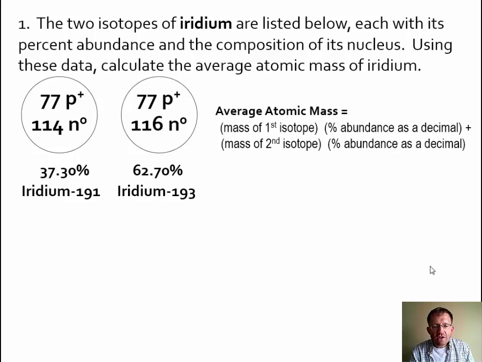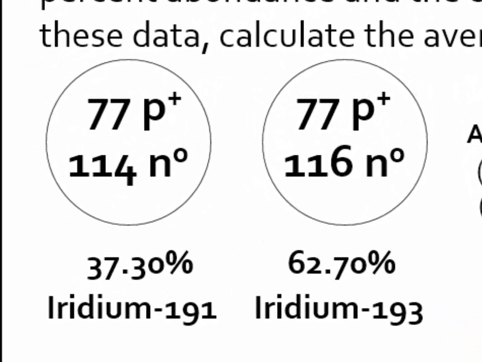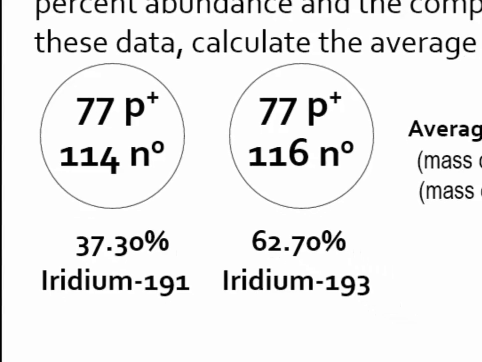So the question gives us 2 isotopes, and the circles there represent the nuclei of the 2 isotopes of iridium. In this case, it says the first isotope contains 77 protons and 114 neutrons. The second isotope contains 77 protons again and 116 neutrons. So notice both isotopes contain the same 77 protons because that's iridium's atomic number.